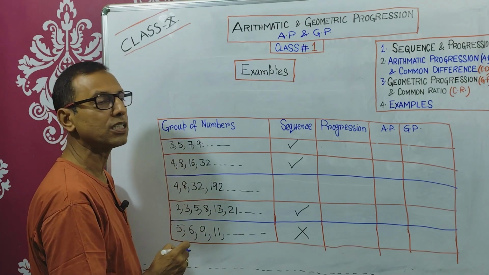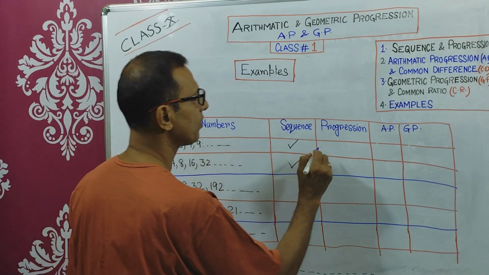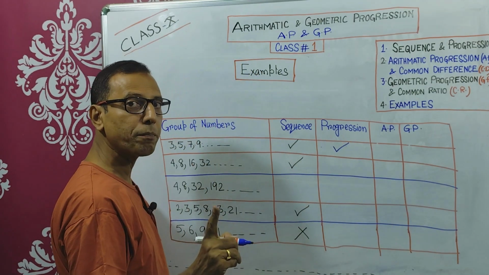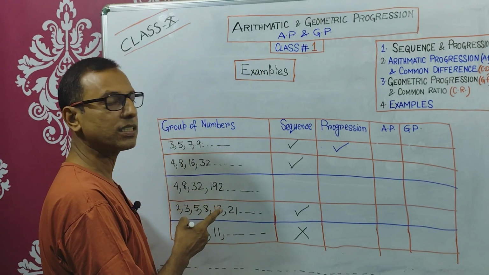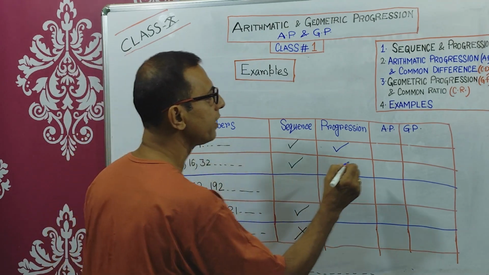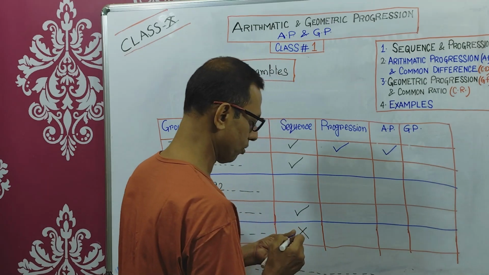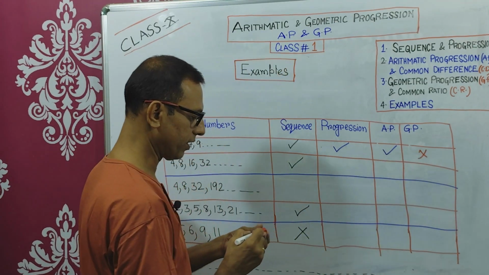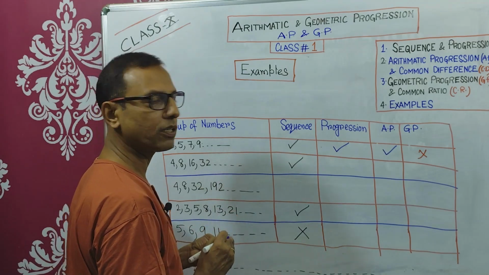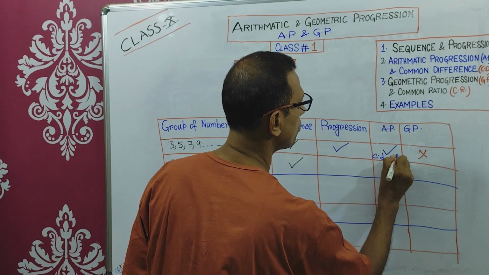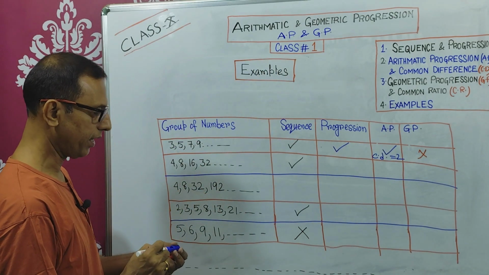So the difference is equal. This is the uniform law, that is why it is a progression. And what kind of progression is it? The difference is equal, that is the uniform law between two consecutive terms. That is why it is AP. It is not GP. And what is the common difference in this particular AP? CD equals 2, right?